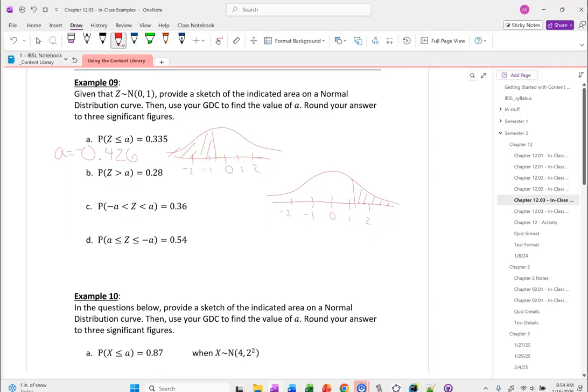Is it 0.3? This is 9B. That is incorrect. Okay. I'm guessing what we missed was to look at the inequality in our probability. It is not a less than or equal to. So what do we need to do to make this a less than or equal to?